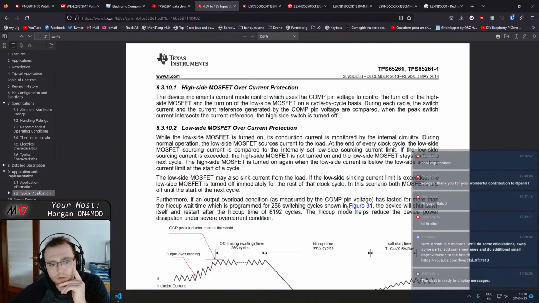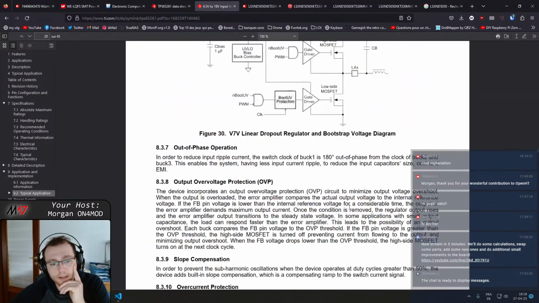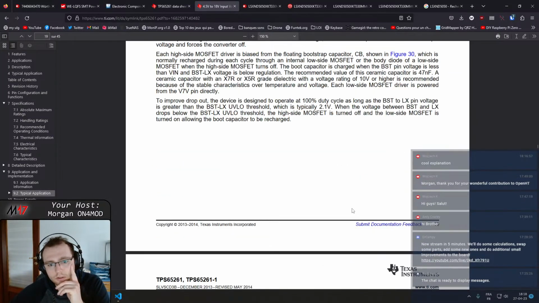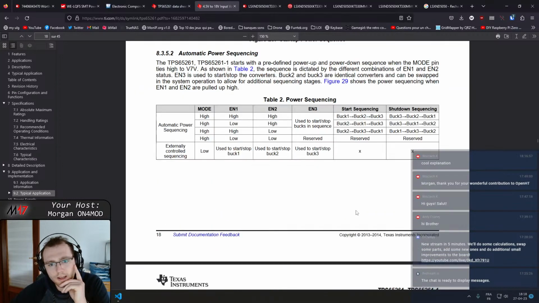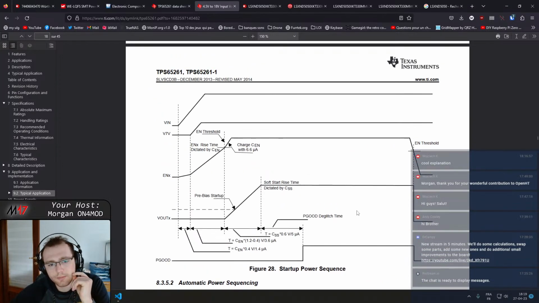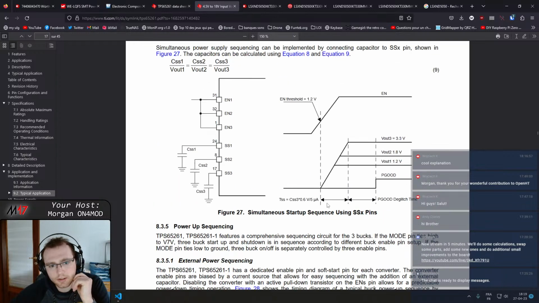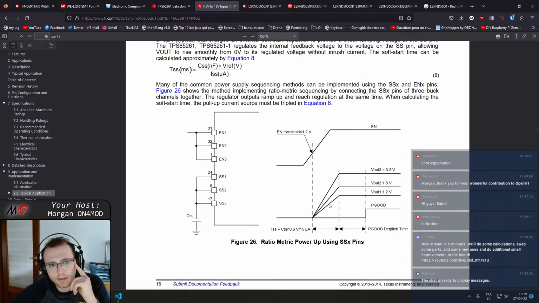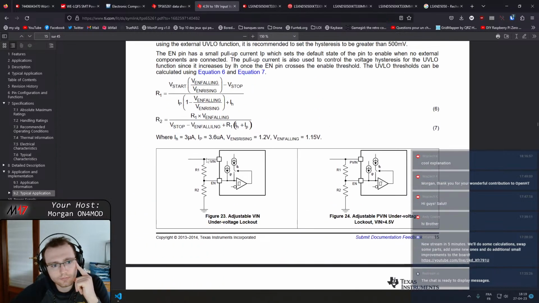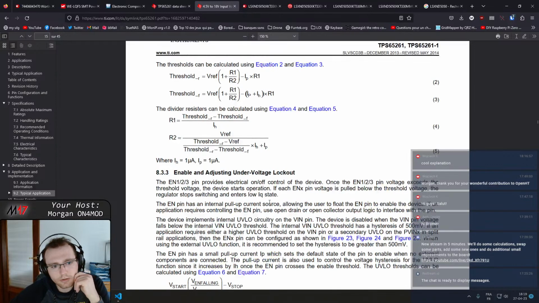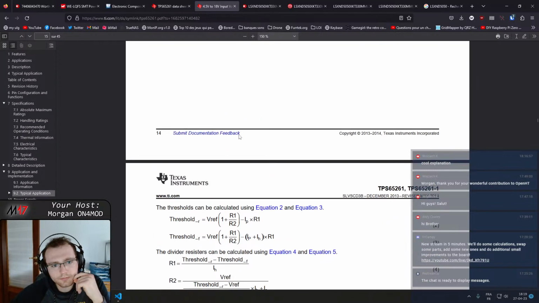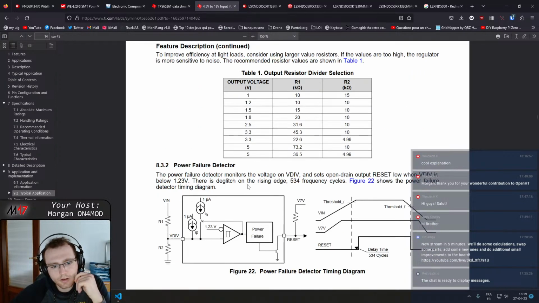So yeah, going just quickly through the datasheet to see if I haven't missed something. I don't know, maybe I have, but I've gone through it a few times already, and I didn't read anything about that. So this is for the undervoltage lockout. Power failure detection.